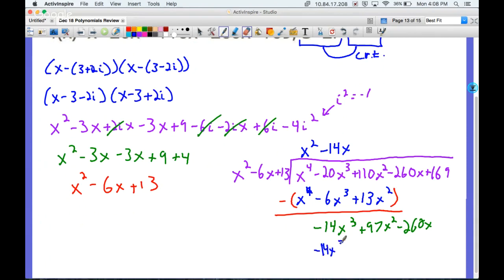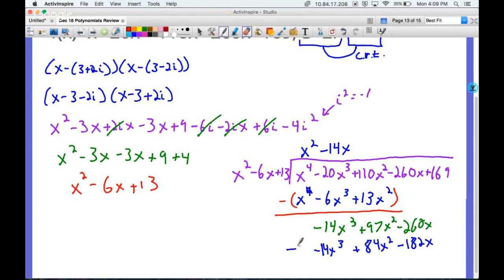I get a 14 times 6, an 84 positive 84x squared, and I get a negative 182x. So let's subtract that away.